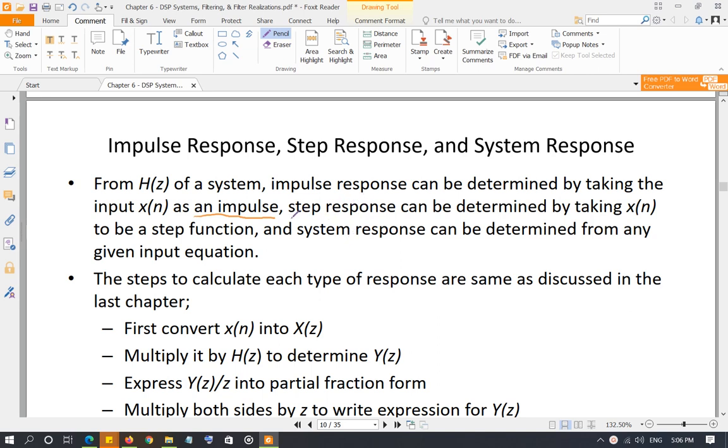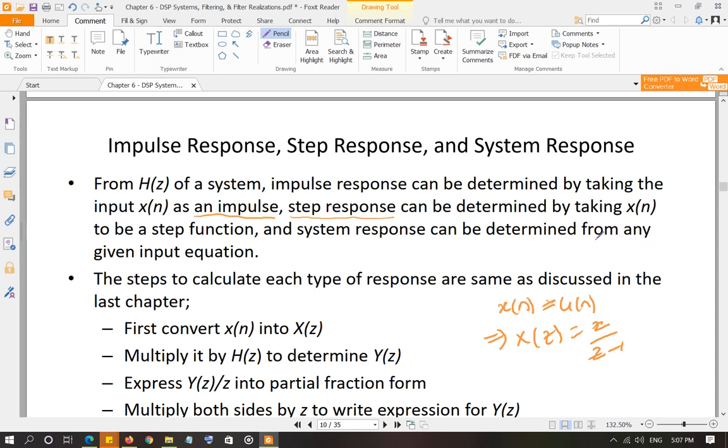If x(n) is a step, then the response of the system will simply be a step response. And x(n) step means x(n) is equal to u(n), which you did already, that X(z) will be equal to z over z minus 1. So you multiply that by H(z) and then solve it using the inverse z transform.